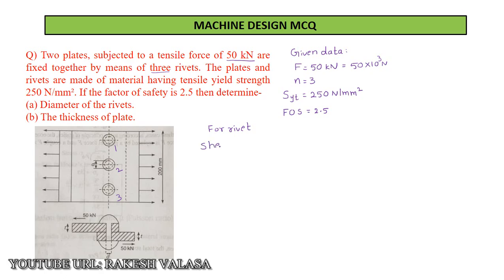Shear stress at yield point, that equal to SSY. SSY equal to half of the yield stress, half of the tensile yield strength, that means 1 by 2 into tensile yield strength, equal to 250 Newton per mm square, that equal to 125 Newton per mm square.